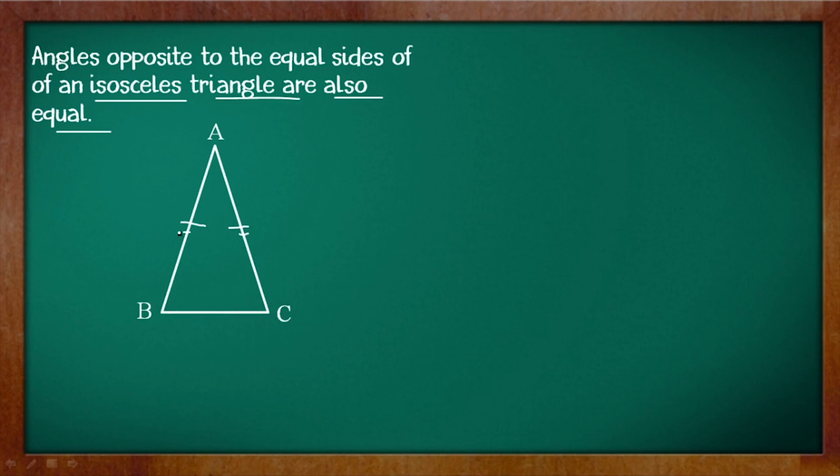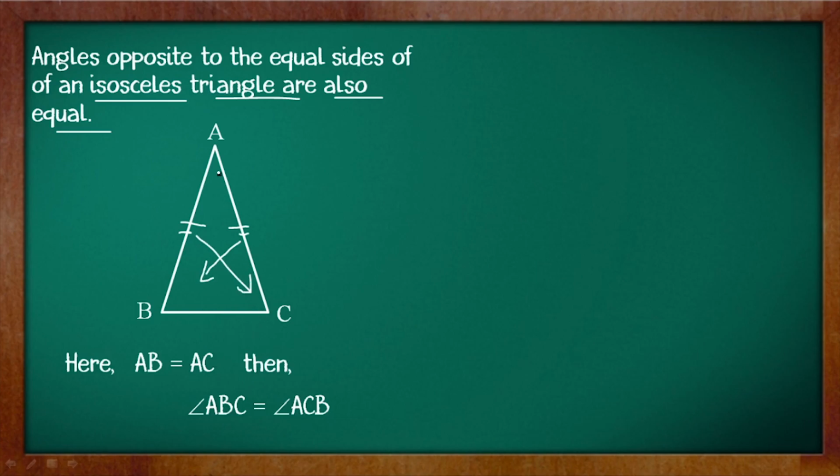These two sides are equal. Then this angle ABC, opposite to AC, and angle ACB, opposite to AB, will be equal. This is the very important result of an isosceles triangle.